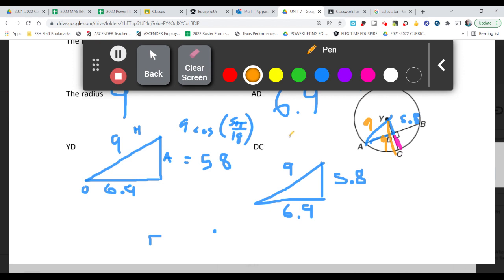Subtract. What with what? Yeah, just 9 minus 5.8. It's just, we have to go back to stuff that we learned kind of a while ago. And so that DC thing right there, 3.2. Good.